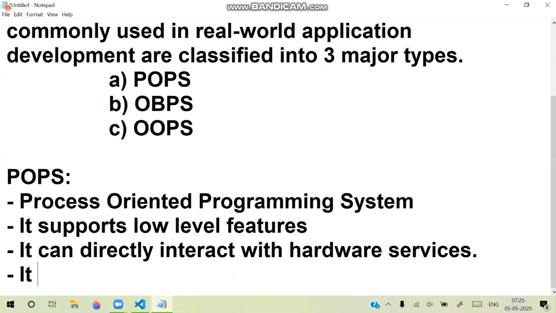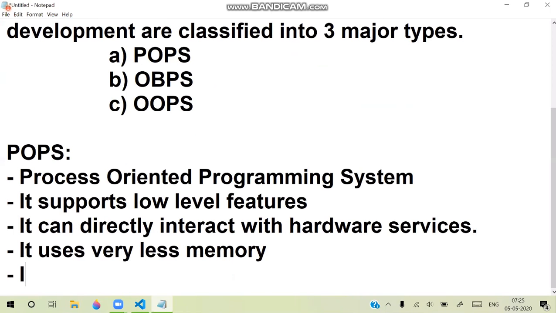So it uses very less memory, and it is faster. These are all the advantages of process-oriented programming system. Technically, if you know computer programming, generally you may be aware of these programming systems, and several more approaches are also there.